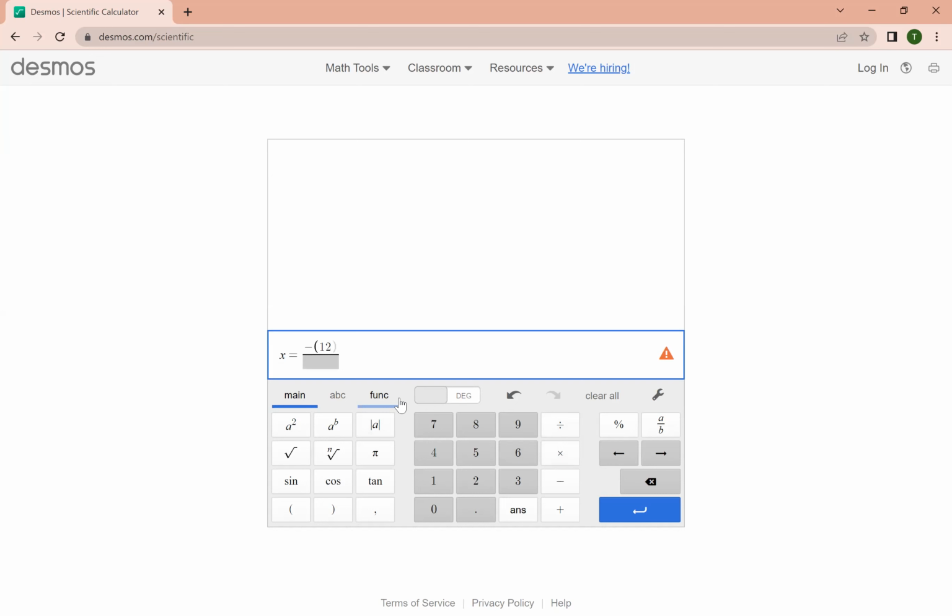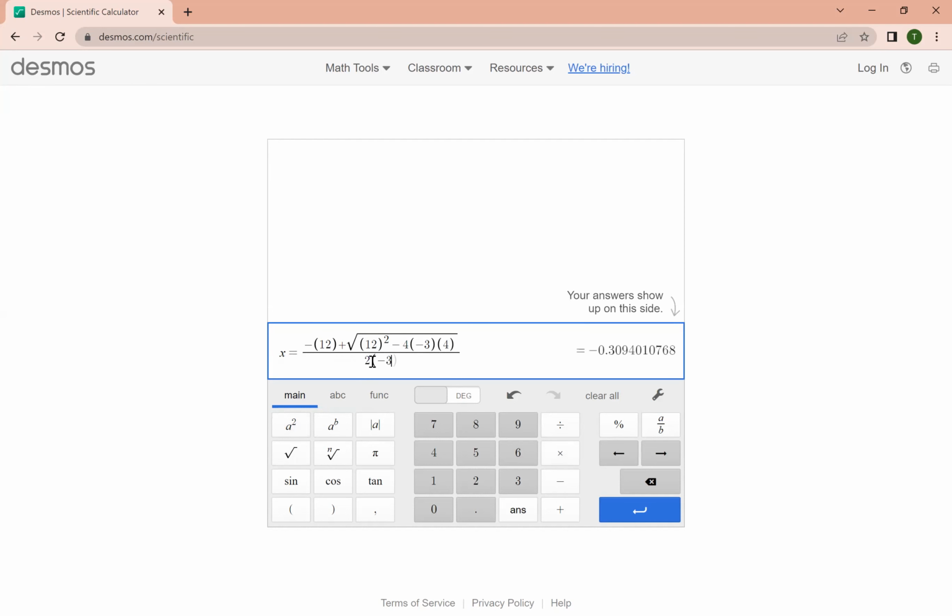So instead of plus minus, I will choose plus, square root 12, and then you can square that, minus 4 times minus 3 times 4, like that, all over 2 times negative 3.